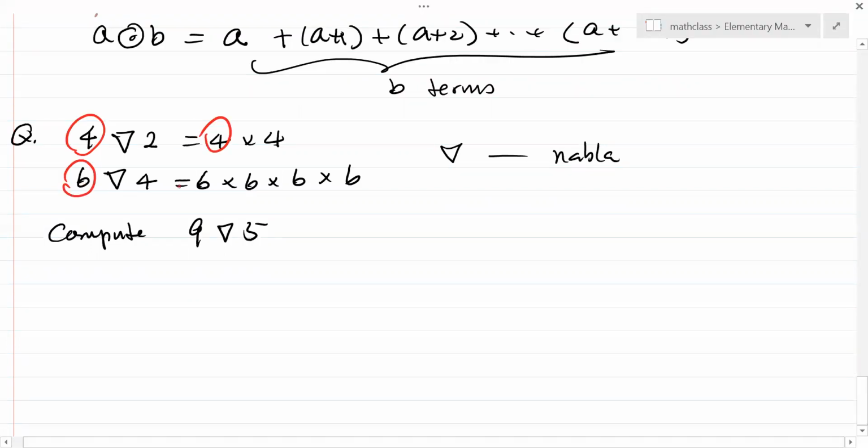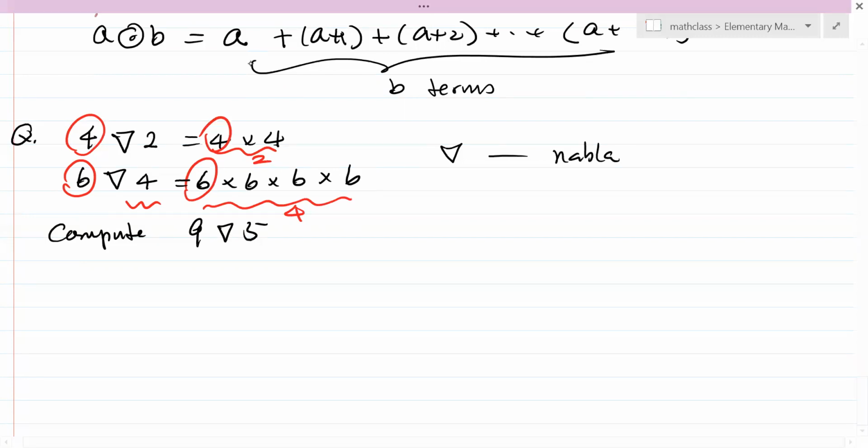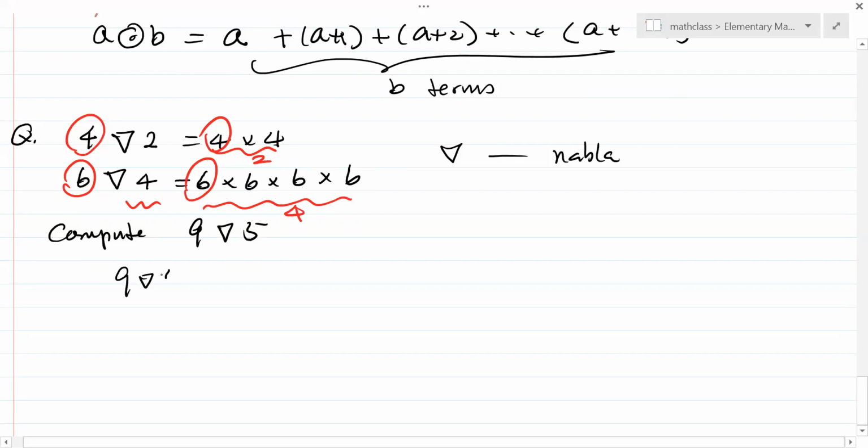The first number represents the factor. Okay, but the second number represents how many factors they have. So this is 4, and this is 2 factors. Okay, so if you understand that, then you can easily solve the problem. It's going to be 9 times 9 times 9 times 9 times 9. Wow. If you use a calculator, you can do it pretty fast.